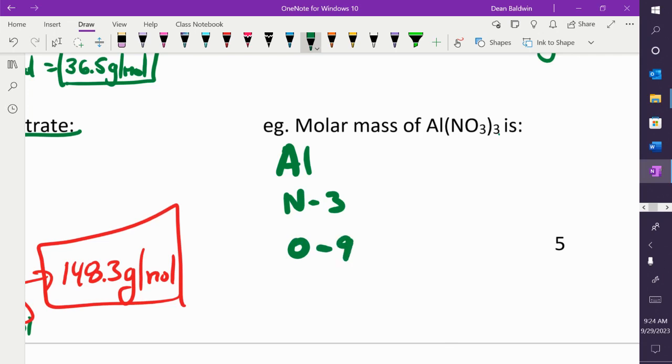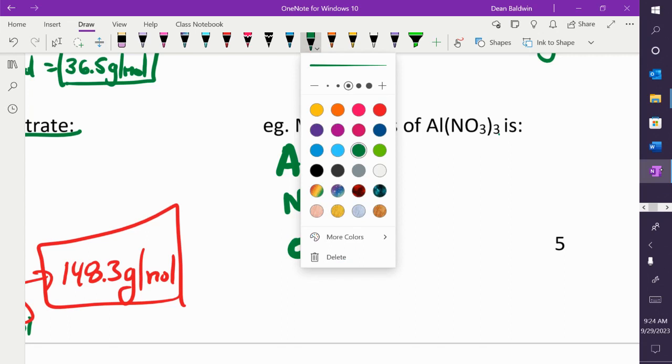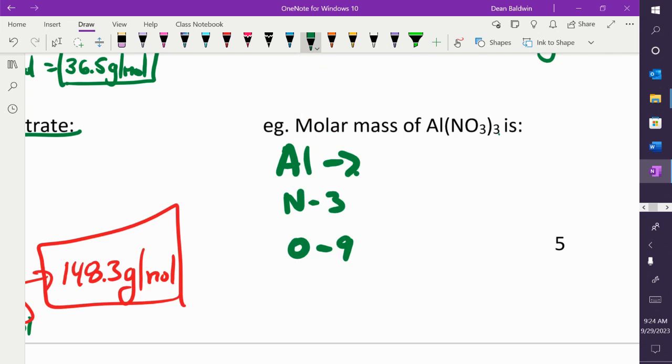Okay. What's the molar mass of aluminum from your periodic table? 27. Okay. 27 grams per mole, right? So aluminum is 27 grams per mole.